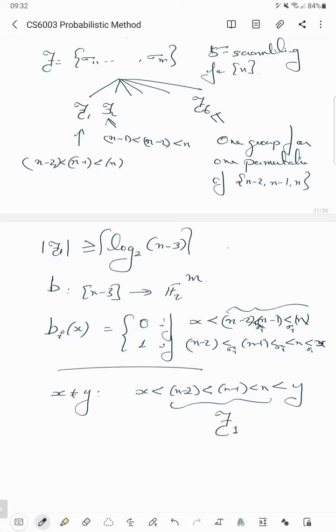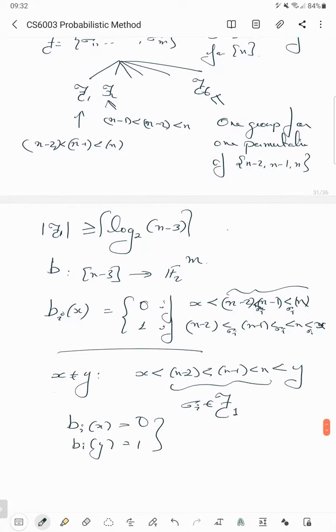So within F1, you have a permutation like this, which may be for some sigma i element of F1, which means sigma i, bi of x is equal to 0 and bi of y is equal to 1. This proves that b is injective, and hence the rest of the argument follows.